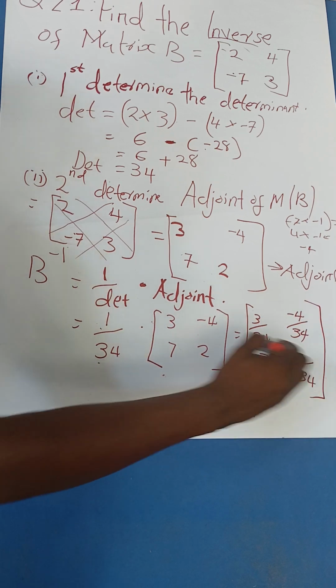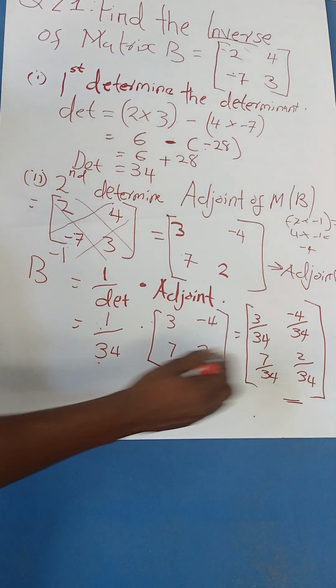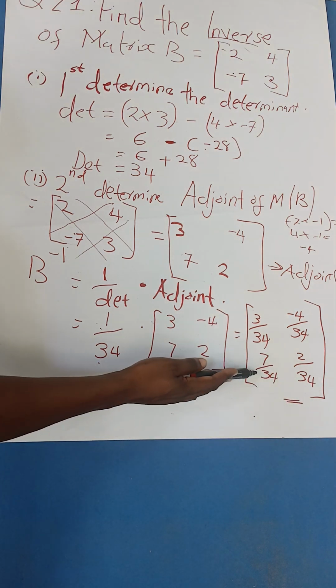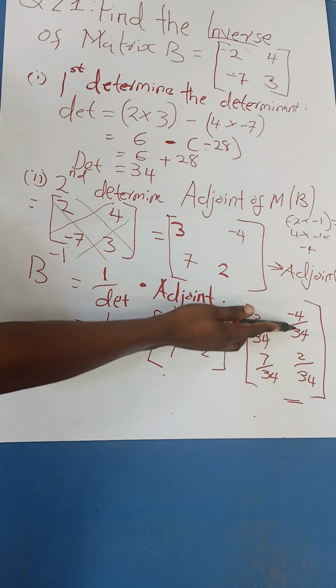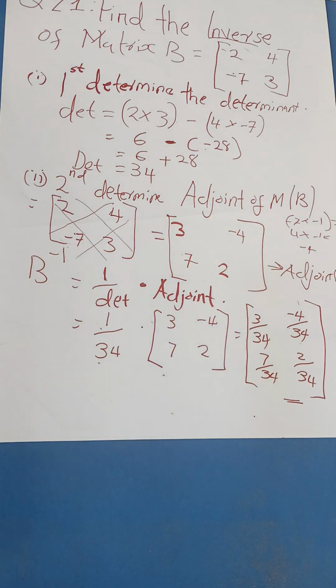Good. At the end of the day, we have now our inverse. You can go ahead, if it is simplifiable, you can simplify further. Like this one, you can say 2 goes here, 2 goes here, 17.